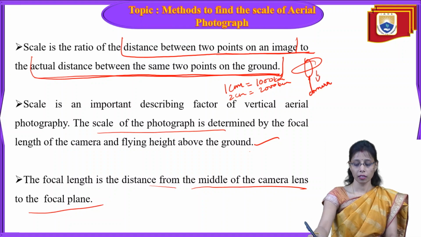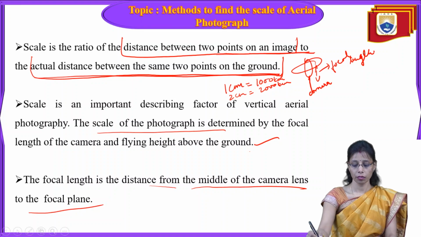Between this and this, it is called the focal length. This is the flying height, and the camera is located here. From here to here is called the focal length of the camera.